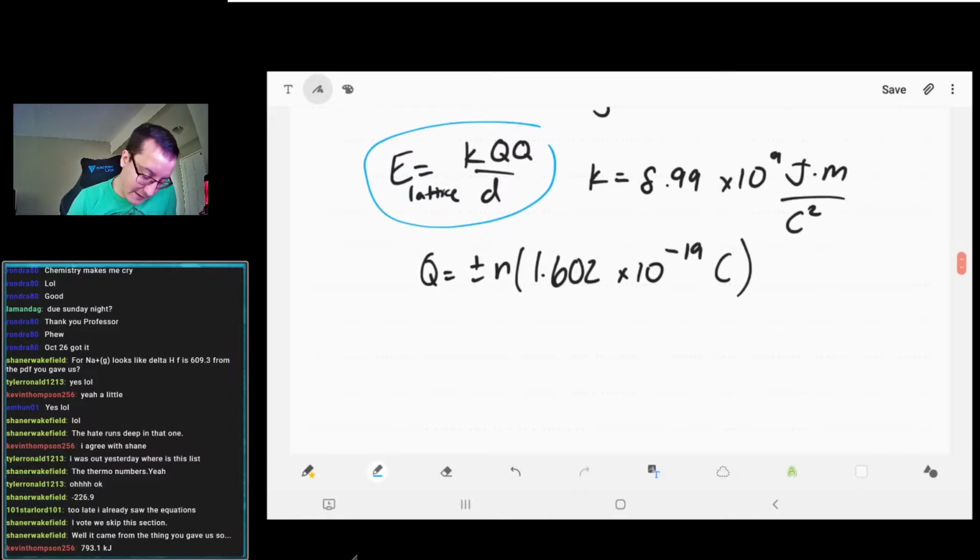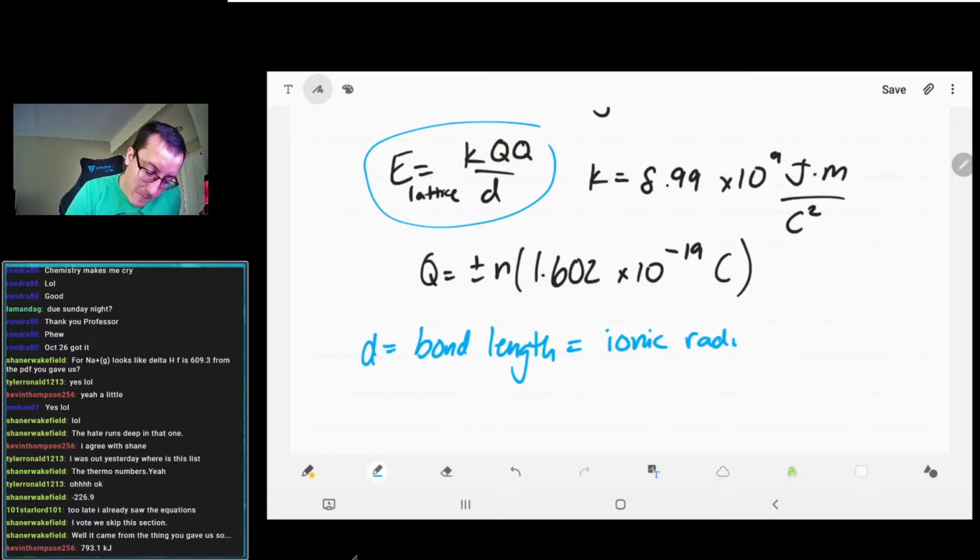So remember, distance we were able to calculate. And remember that bond length was equal to the atomic, or rather ionic radii, added together, right?